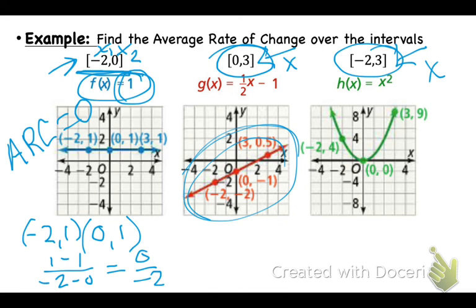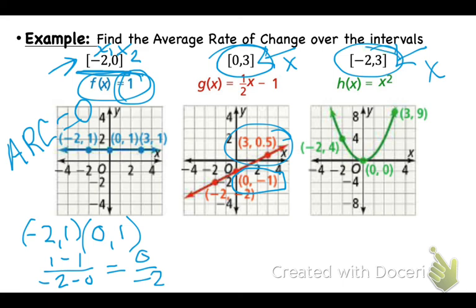So at 0, what's my y? When x is 0, what's my y? Negative 1. Tells you right there. When x is 3, what's my y? A half. Then can I do my slope? Yes. You all know how to do the slope function. I'm not worried about that.